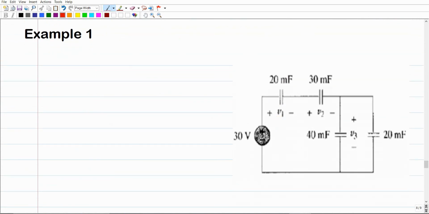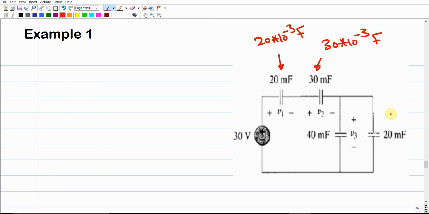What I'm going to do now, and this is going to be the last thing for the capacitance topic, is solve this example, and the objective here is to find the voltage V3 over the capacitance of 40 millifarad. This M stands for millifarad. It means that this value, for example, should be 30 times 10 to the power negative 3 farad, and this value should be 20 times 10 to the power negative 3 farad.